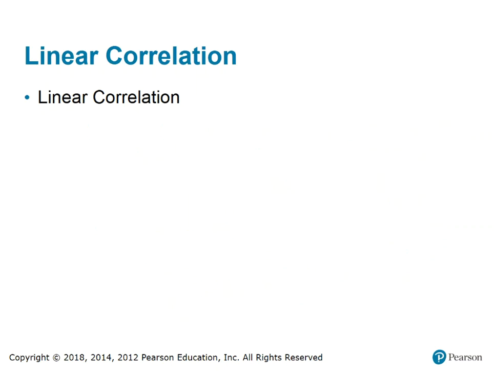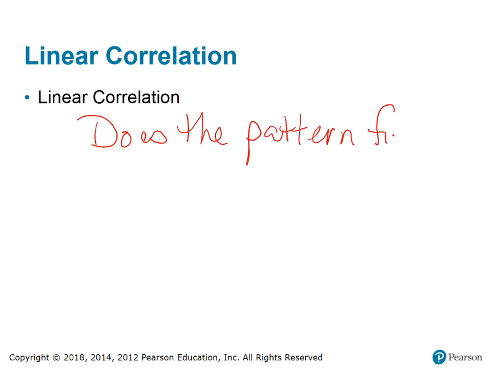So we are going to focus simply on linear correlation. In other words, do they form a linear pattern? They don't always form a linear pattern, they might form something else, but we're going to focus on lines.